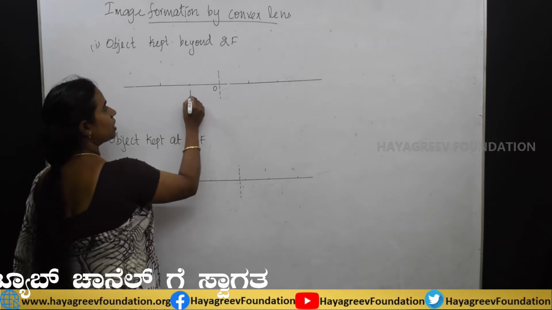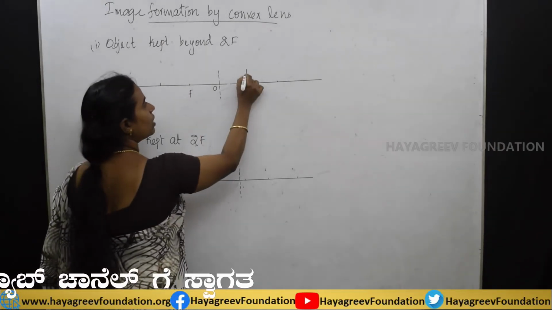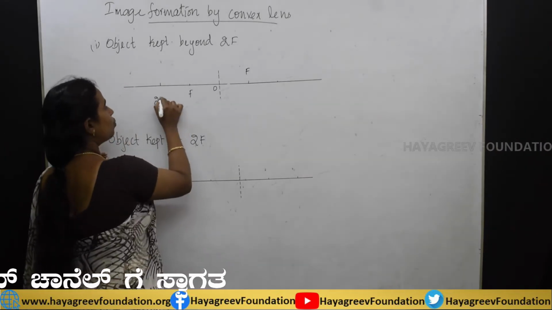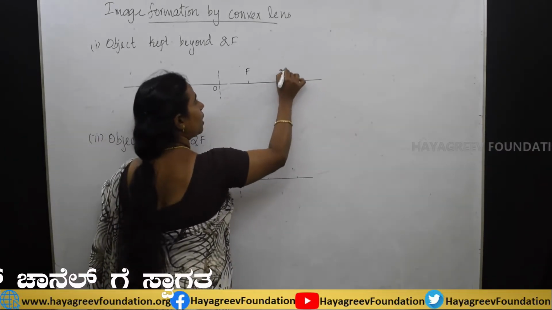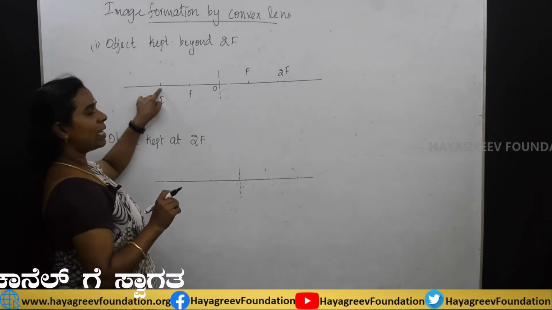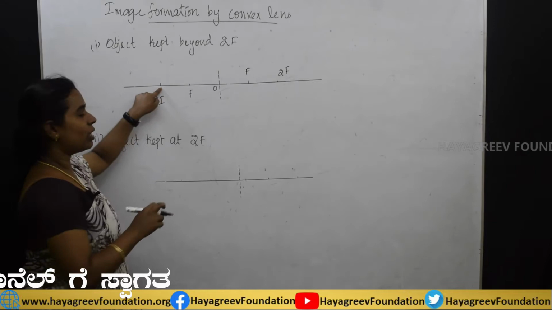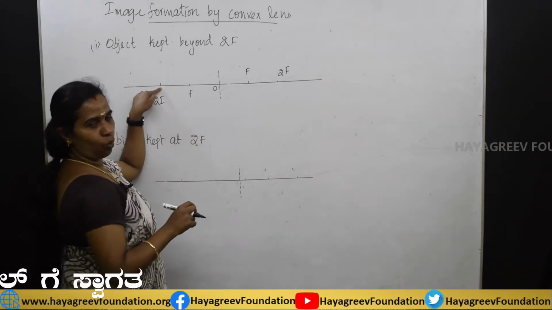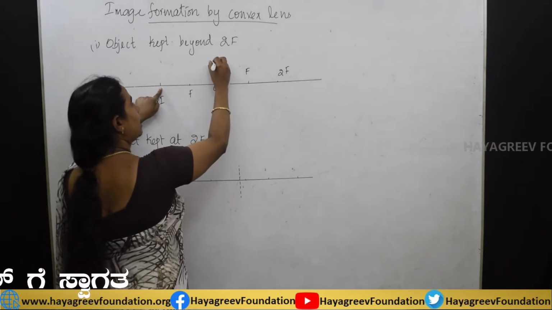So this first point from optic center we are going to mention principal focus. Next point 2f, double the focal length. Now you need to take a compass and place the needle point at 2f, and extend the pencil point a little bit more than O, and draw an arc.